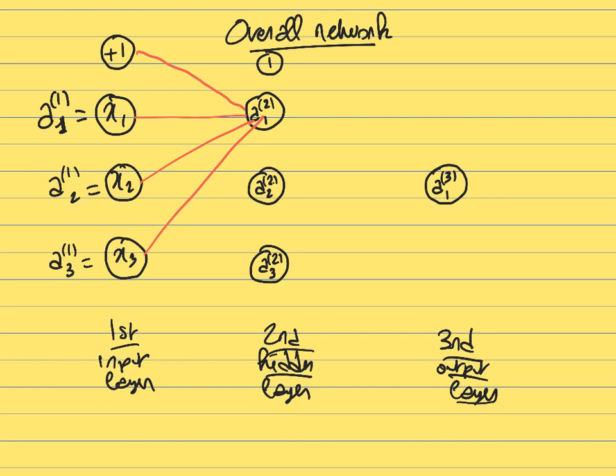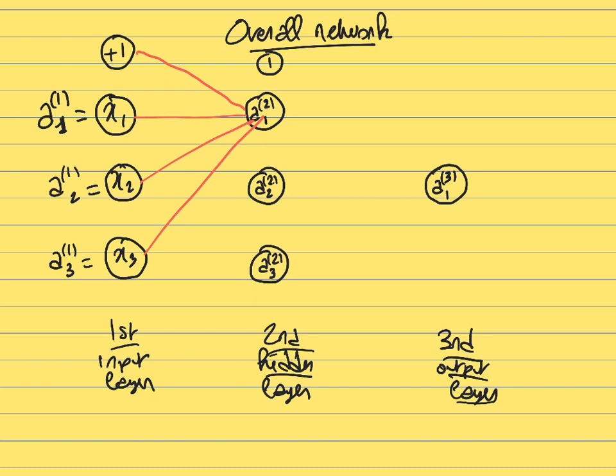Some neurons are going to be very strongly connected to each other. They are going to be associated with a very high value of theta, and some neurons are going to be only weakly connected to each other. This is important because it's going to dictate how strongly the output from one layer is going to be transmitted to the next layer.